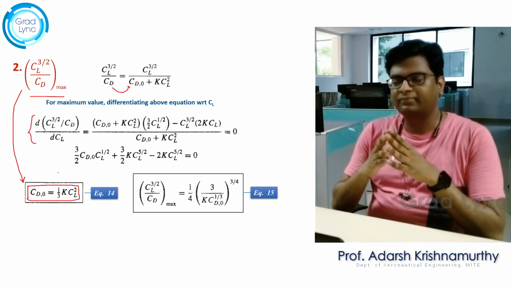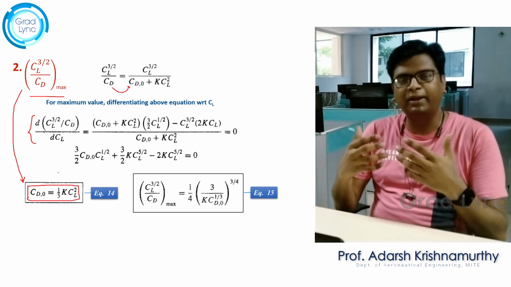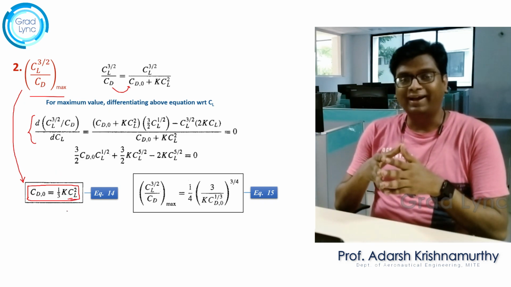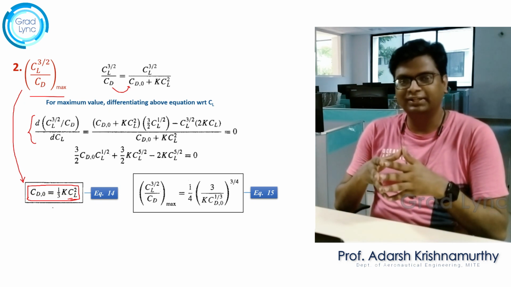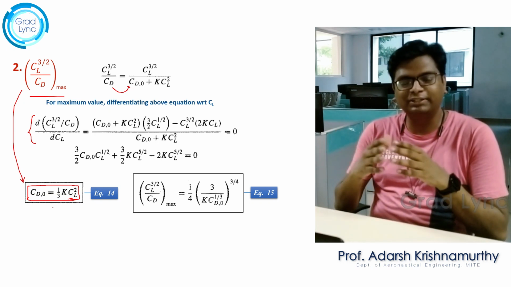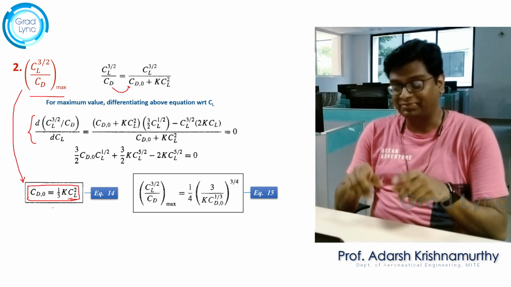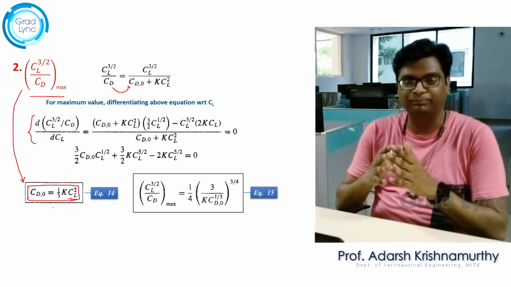I repeat, if I make K CL square 3 times the parasite drag coefficient, then the aircraft would be flying at CL power 3 by 2 by CD max. Clear? Now this is the condition for this ratio to be maximum.